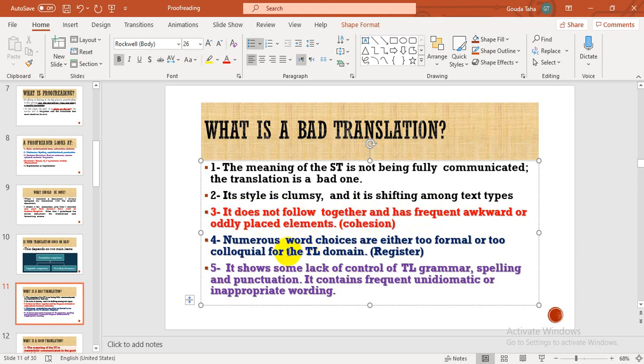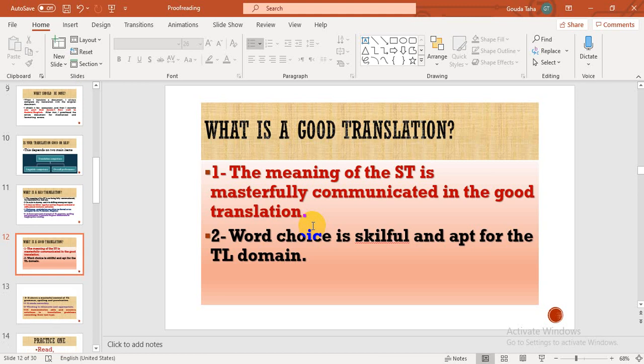And if you have numerous word choices that are formal and informal or colloquial for the target text, and if you have a lot of errors or mistakes that reveal some kind of lack of control of the grammar or spelling or punctuation, then your translation is not a good one.